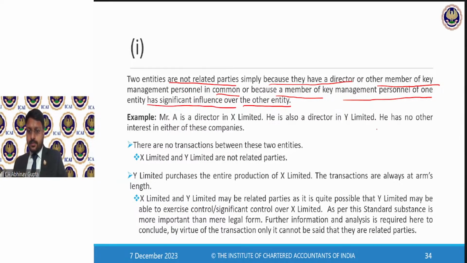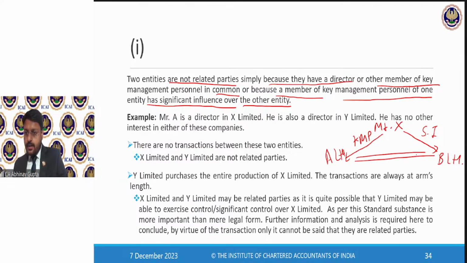So what it is saying, suppose Mr. X is a KMP in A Limited. Mr. X has significant influence over B Limited. Then A Limited and B Limited are not related parties to each other, because neither control sits here nor control or joint control sits here. So KMP and SI will not lead to a related party relationship between A Limited and B Limited.